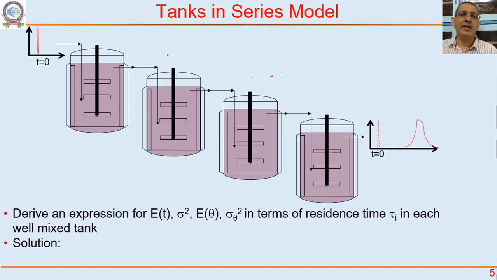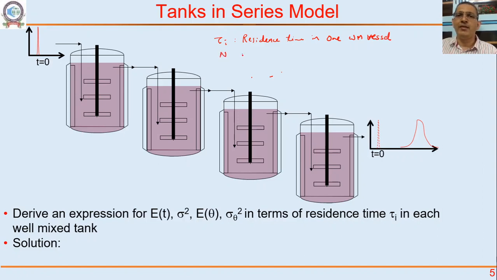So when I say a real reactor is behaving like a series of well mixed tanks, there are two parameters which characterize it. One is tau I, the residence time in one well mixed vessel. I should not simply say reactor.